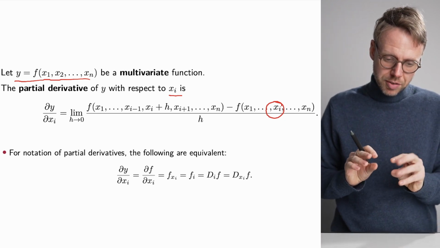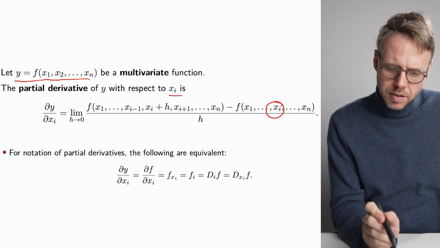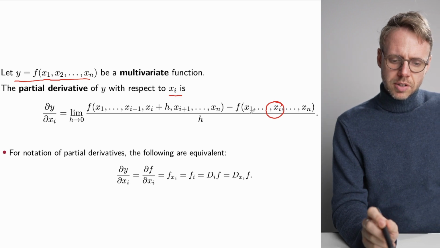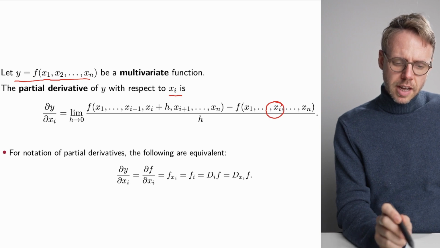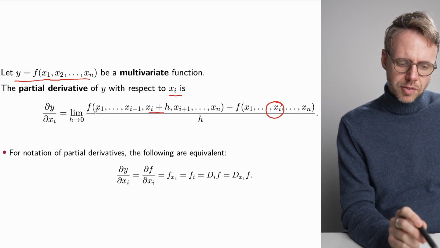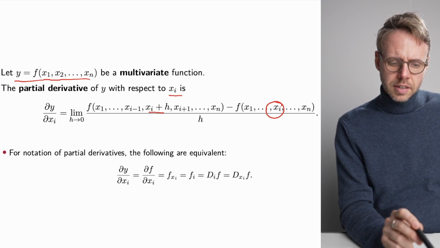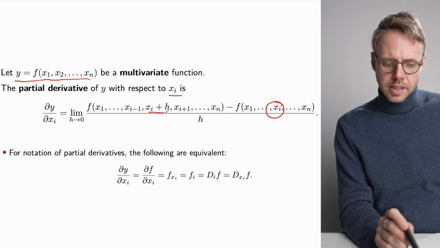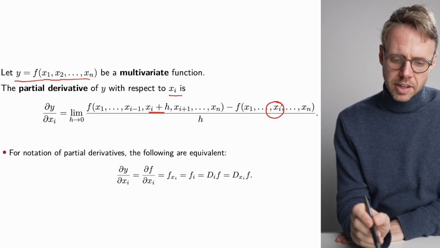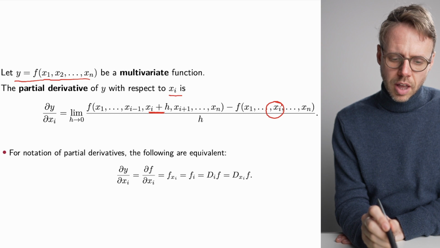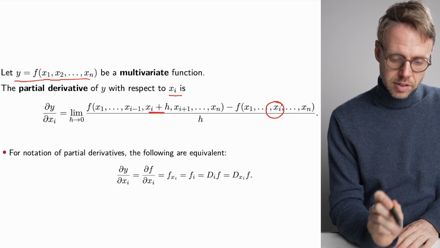In order to get the partial derivative, well, we still keep all our other dimensions in there. So we still have our x1 through xn, but our xi we actually now vary slightly. So we look at the difference between f evaluated at all the x's as before, where just the ith coordinate is changed by a small difference h, and f at our original value x, where xi is unchanged.